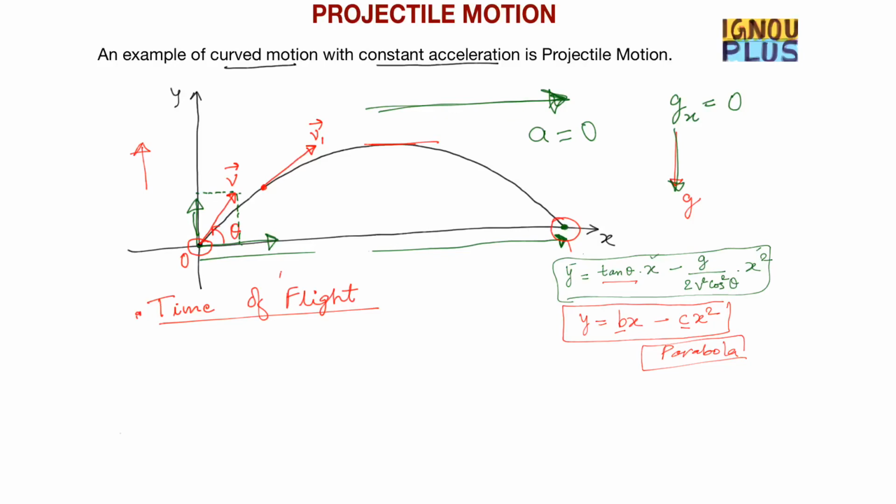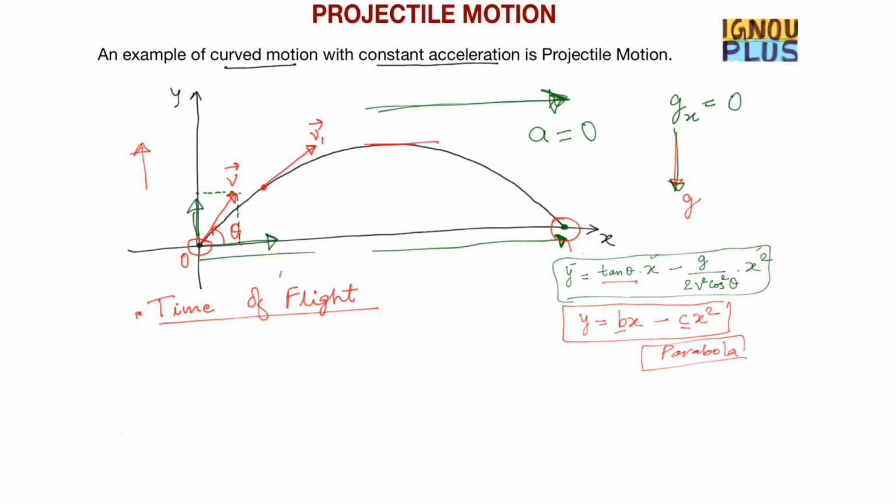Between these two points, the projectile is actually in air. So if we work on the equation of the y-axis, we will be able to find the time of flight.